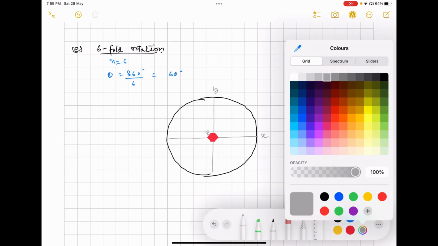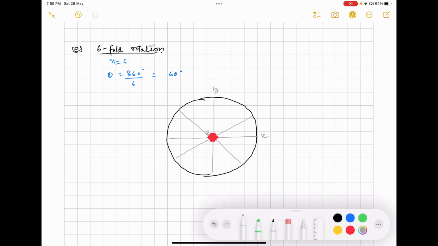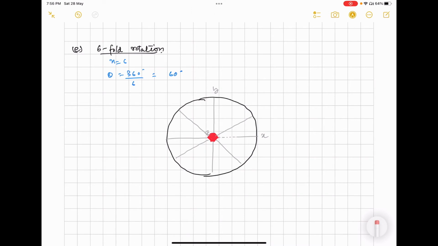So from here, let us make this one a dotted one.